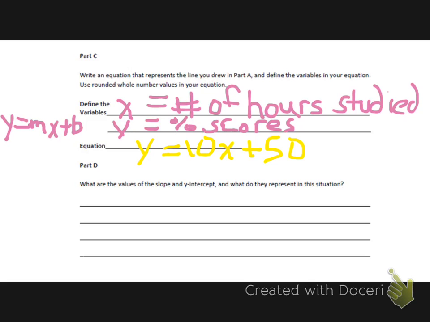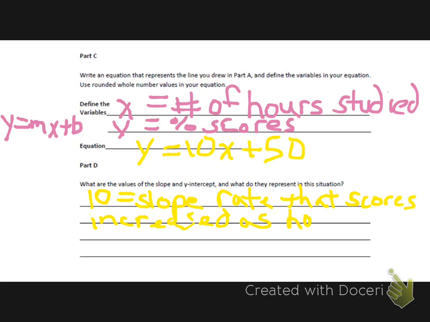So it wants to know what are the values of the slope and the y-intercept. Well, we already decided that 10 is my slope, and that's the rate that the scores increase as the hours of studying increased.